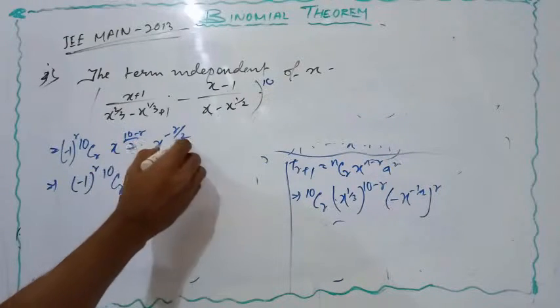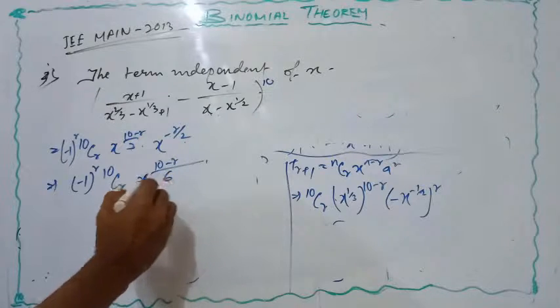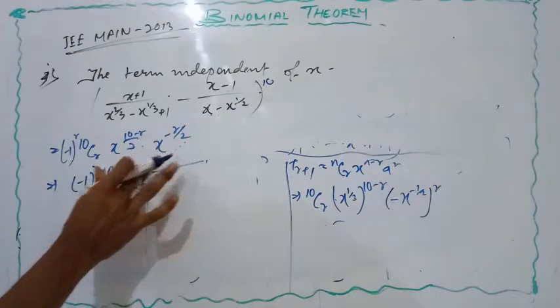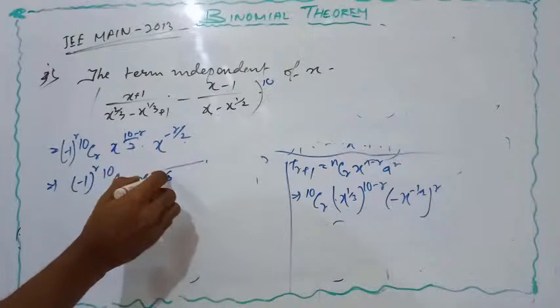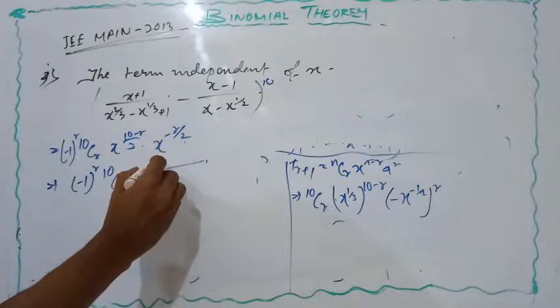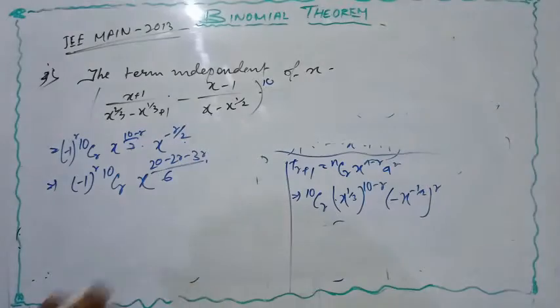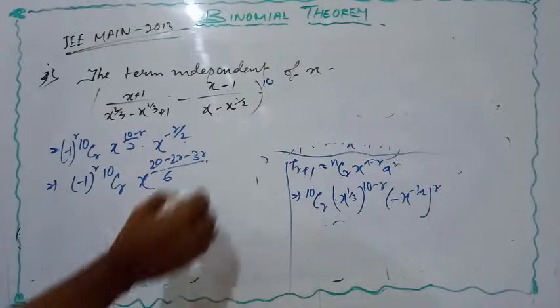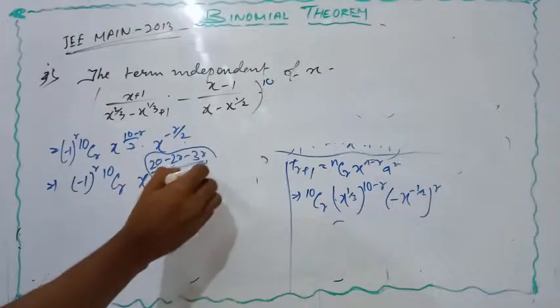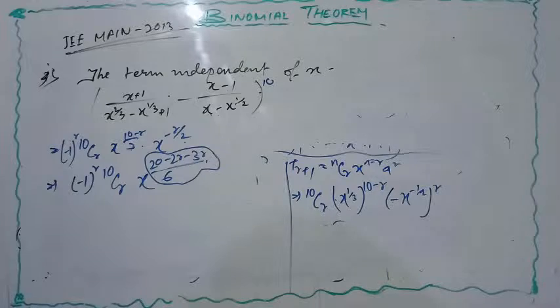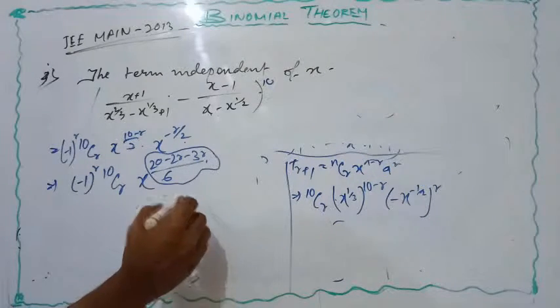If we take the LCM of these two, that is 6, that means 3 multiplied by 2, we get the power as 20 minus 2r minus 3r over 6. If we equate this to 0, then we will get the term which is independent of x.